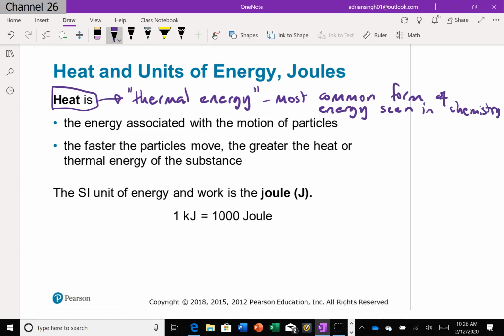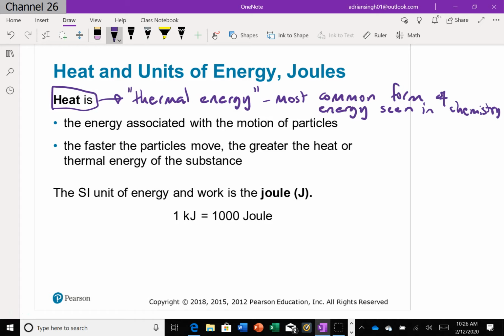We can measure thermal energy and heat changes. And this is associated with the particles of a sample and how fast they're moving around. Right? So the more motion, the faster the particles move, the greater that thermal energy or the heat energy is going to be.